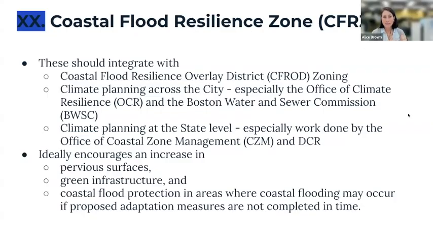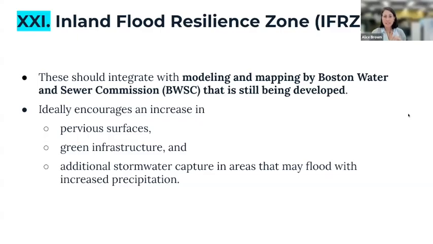Next slide, please. The Inland Flood Resilience Zone is outlined in the ordinance, and so we've created regulations for it as well. It is areas where extreme precipitation may occur and create inland flood areas that go beyond existing mapped FEMA data.